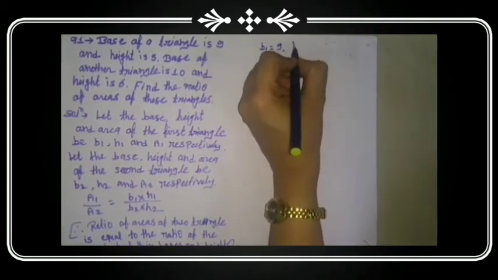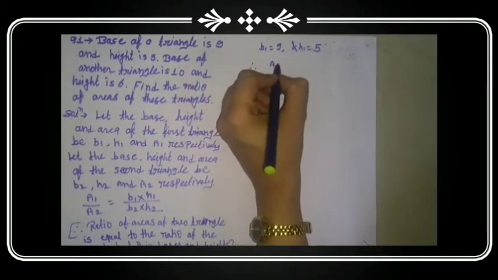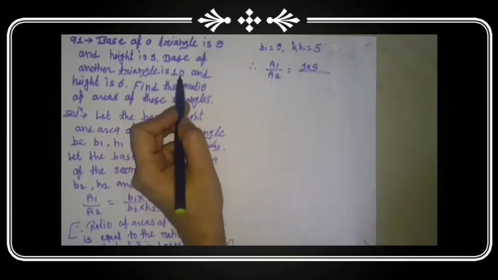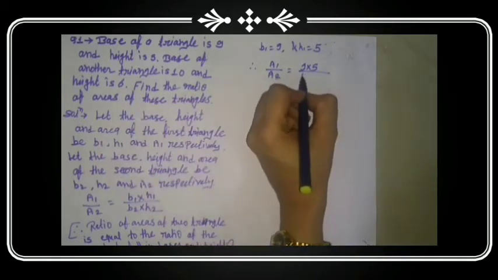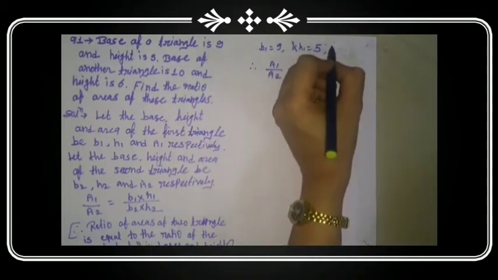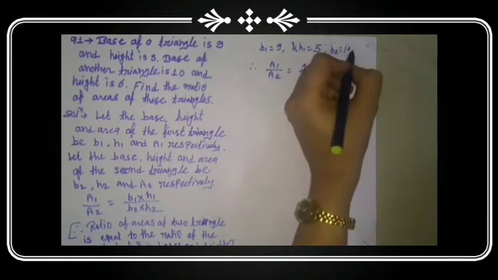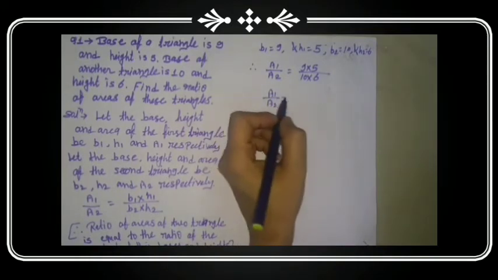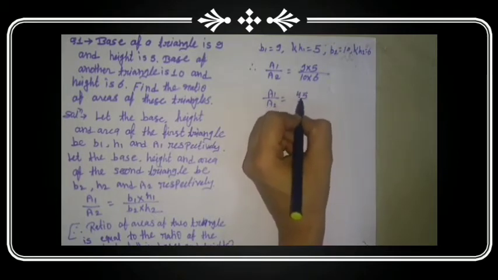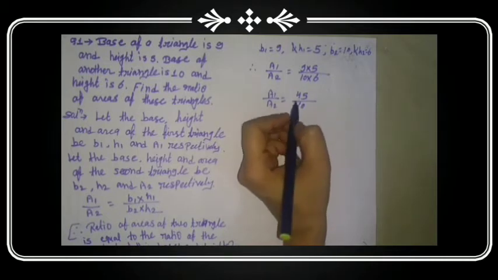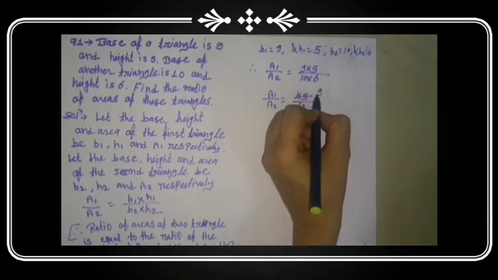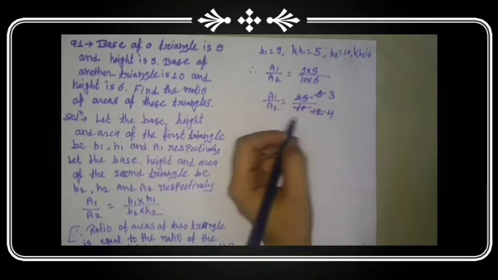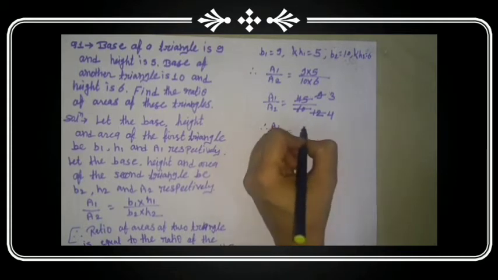Therefore, A1 upon A2 equals 9 into 5 upon 10 into 6, which is 45 upon 60. Dividing by 15, A1 upon A2 equals 3 by 4.